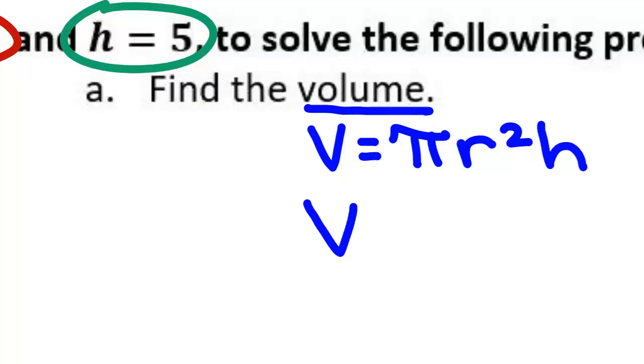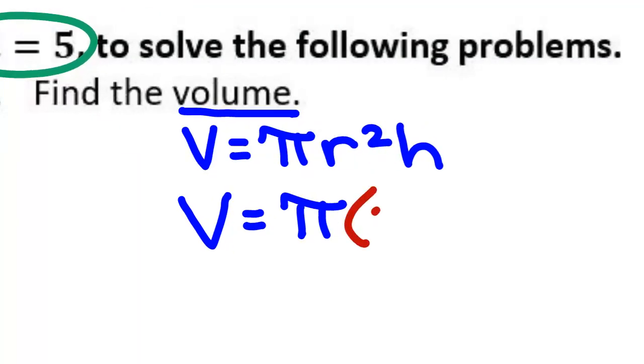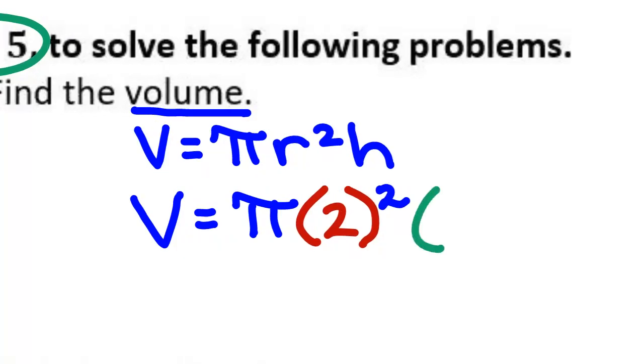All right, so for my volume, I have pi times my radius of 2 squared times the height of 5.